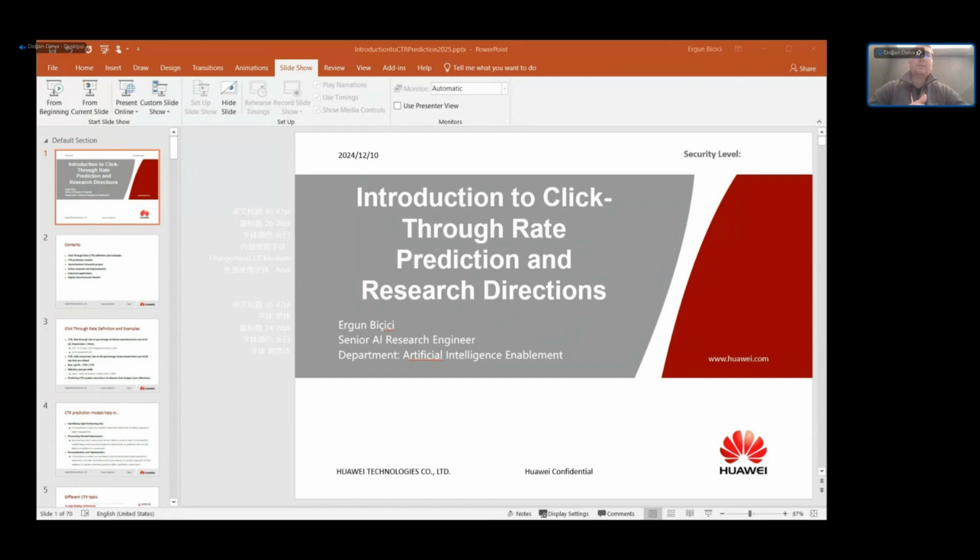Bias is how we deviate from this actual CTR value. It's calculated as follows: PCTR minus CTR divided by CTR. It can be negative or positive. Negative means that we predicted a lower CTR value, and positive means that we predicted a higher CTR value.